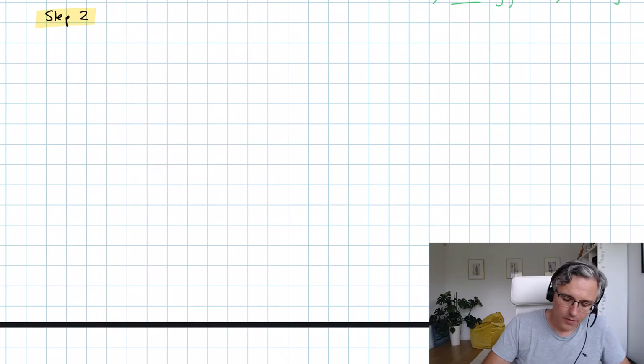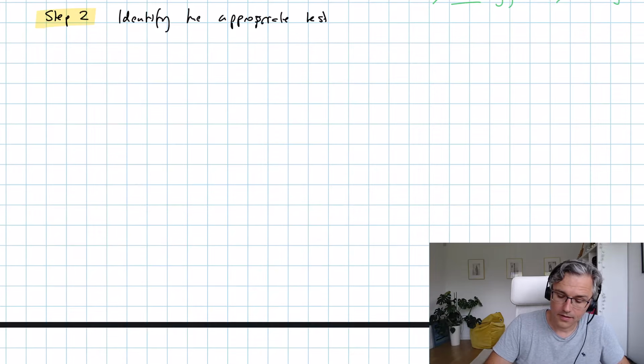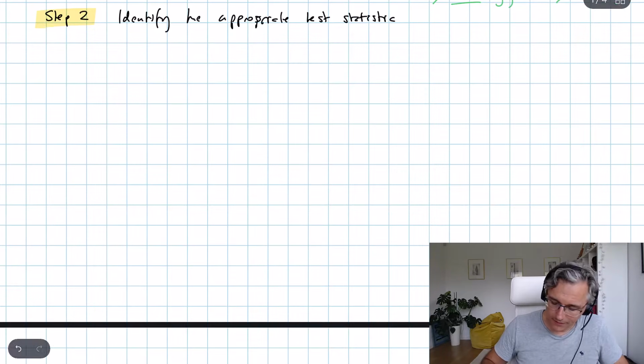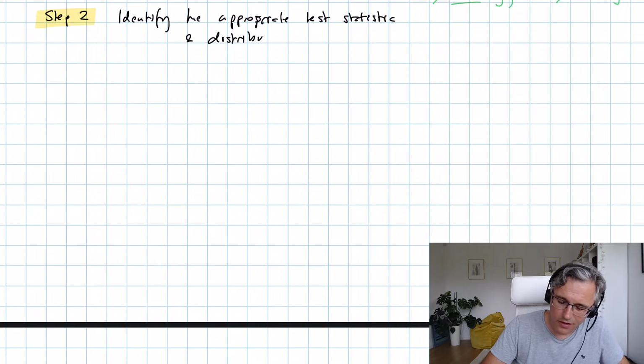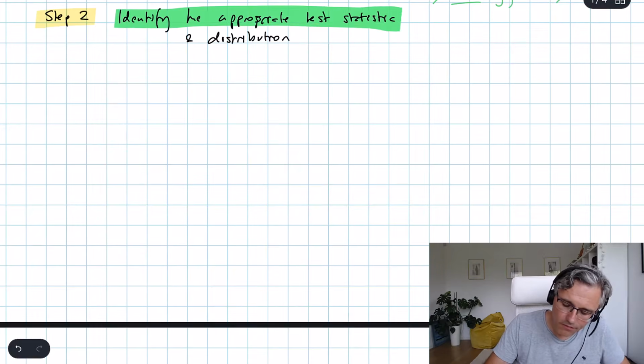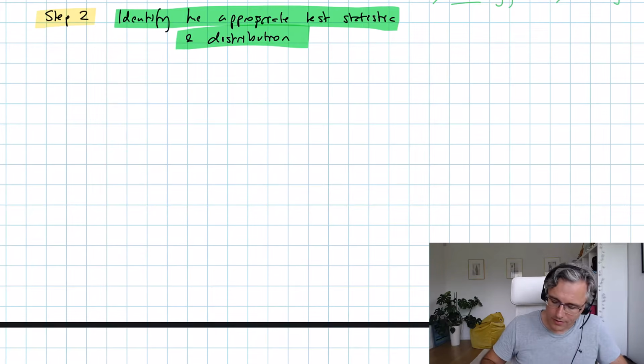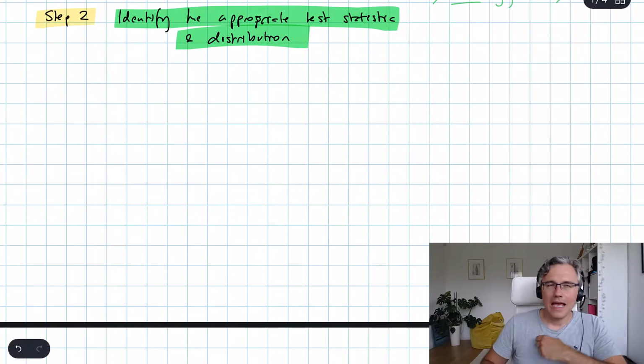This next step is to identify the appropriate test statistic. And this is something you'll have to learn, not just the test statistic, but also the distribution that goes along with it. And this is something you'll kind of learn and memorize more than anything else.